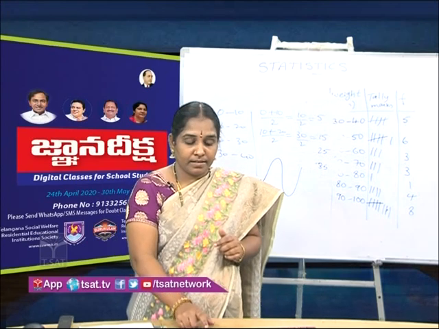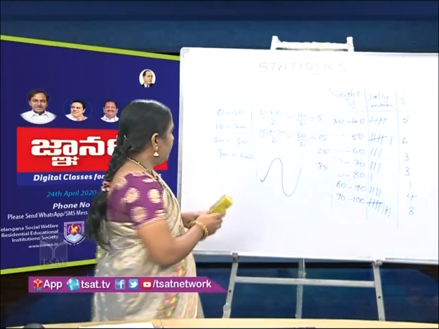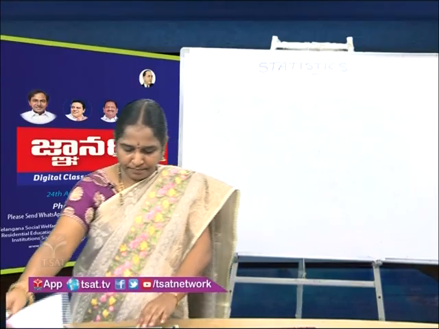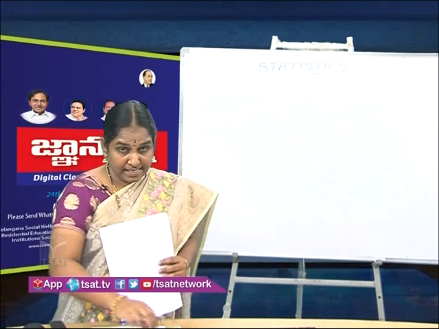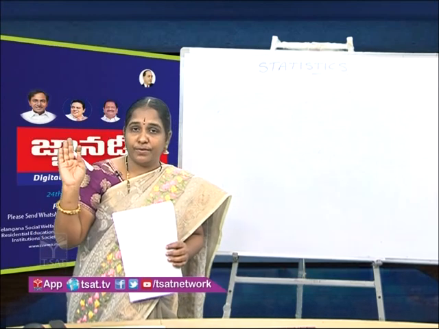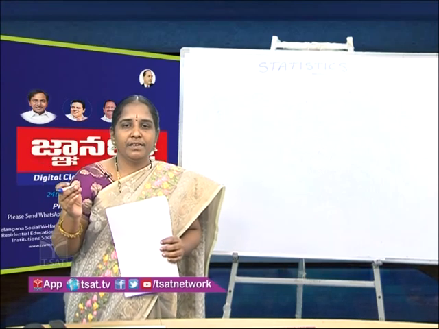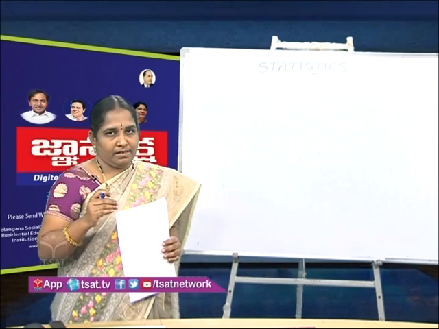Now let us see one more concept of statistics. Before we go into that concept, let me pose you one question. Suppose a teacher wants to know how many students scored more than 60 marks, or more than 80 marks, or less than 60 marks, or less than 80 marks, the teacher has to ask the students, raise your hand, how many of you scored more than 60, or how many of you scored less than 60, to analyze, to plan for the students, whether to give an extra class or give them extra work, that has to be decided.